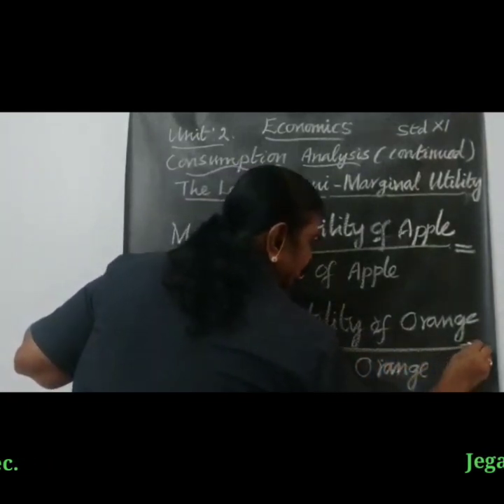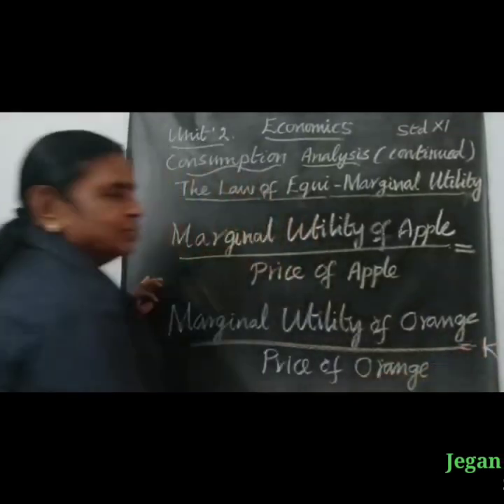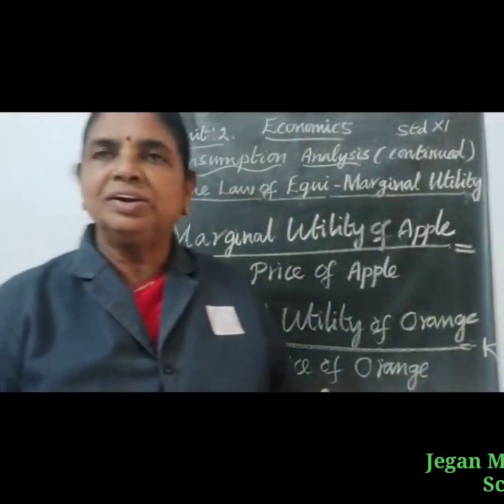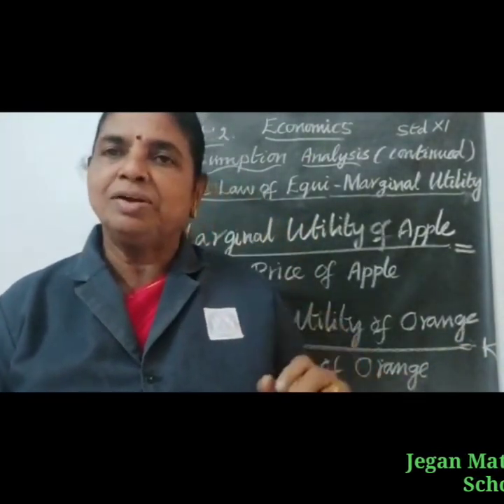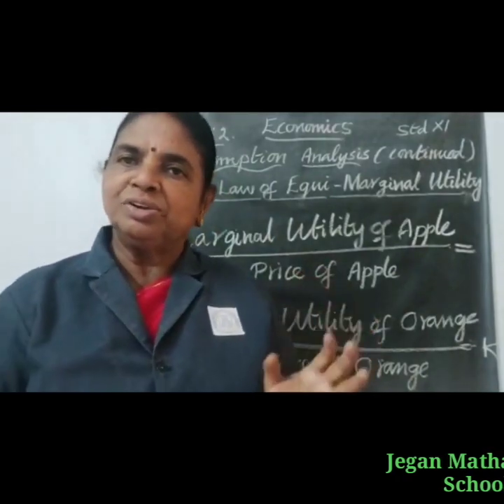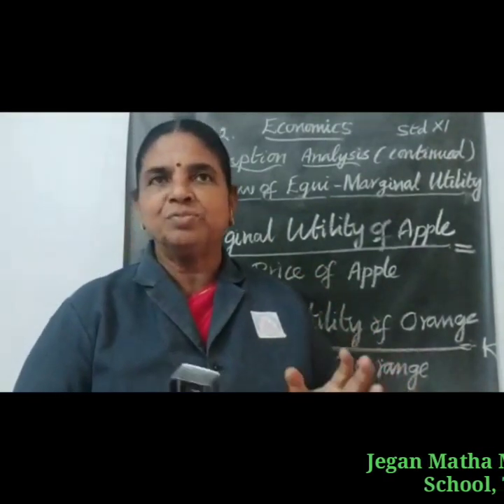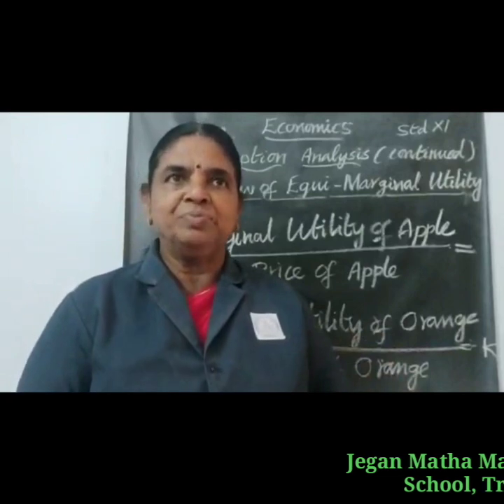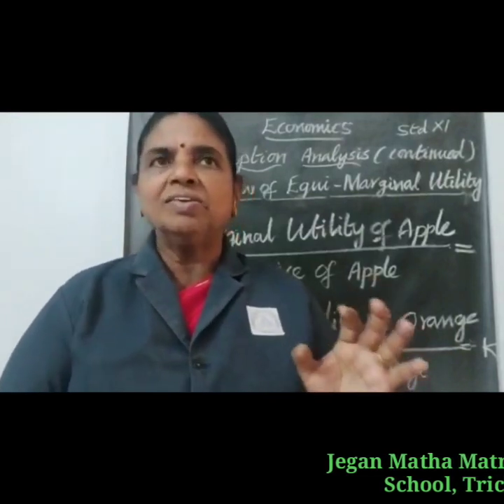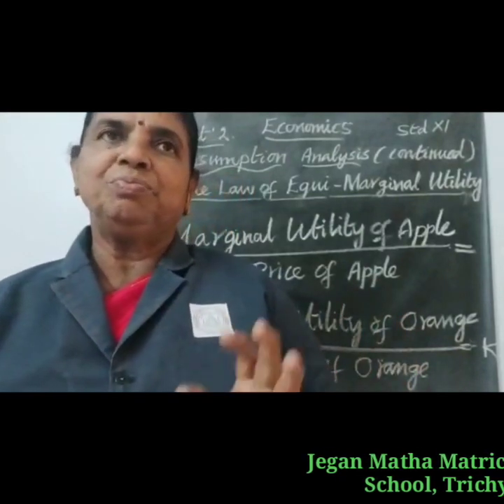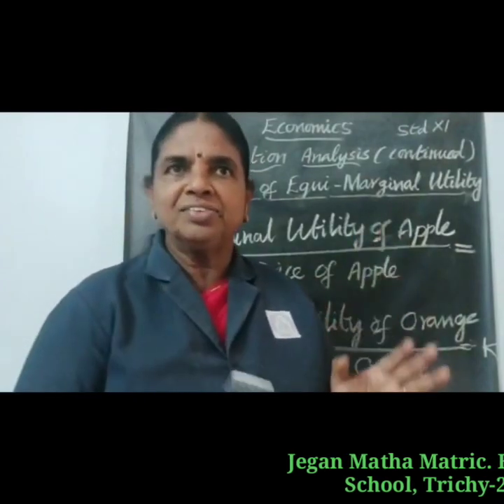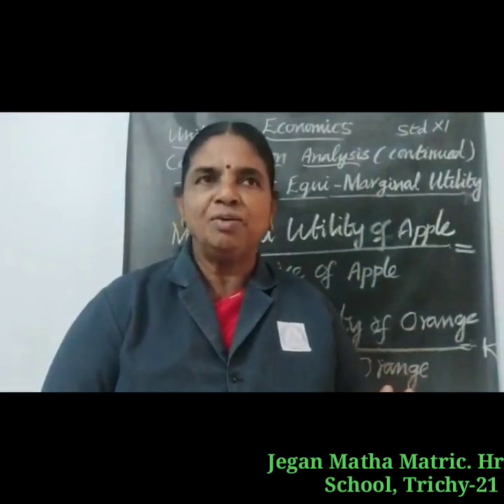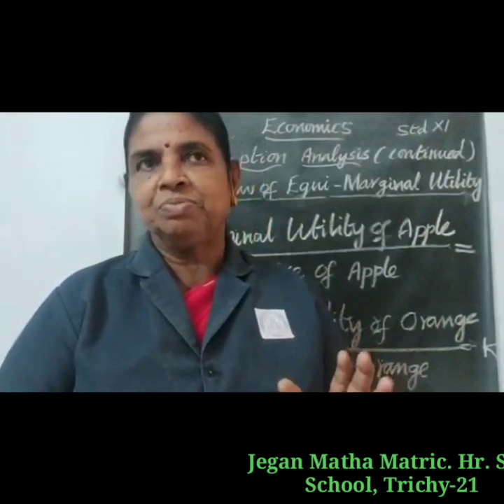Then it will be equal to K. So you have to remember: marginal utility of apple divided by price of apple equals marginal utility of orange divided by price of orange equals K. K means constant marginal utility of money. So the law is also called the law of consumer's equilibrium.